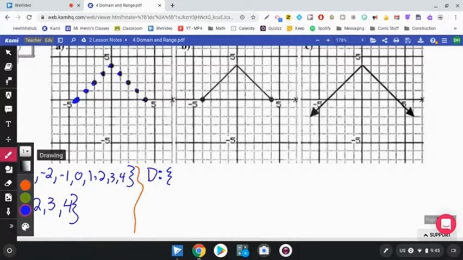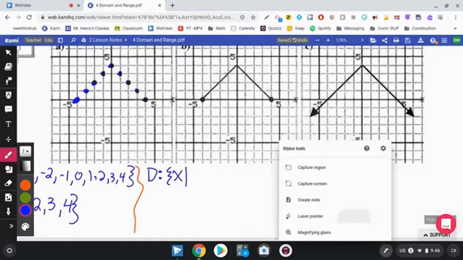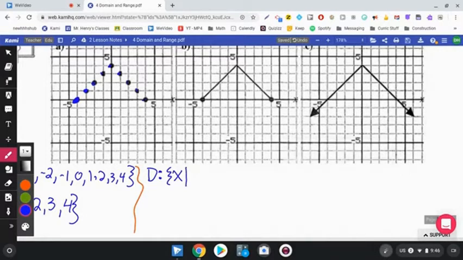So when I can't just list the points, I say, okay, the variable I'm talking about is x. And then I do a straight vertical line. And what that line means is such that. So far I have domain is x such that. Okay, and now I need a statement about x. I need to talk about x in some way.